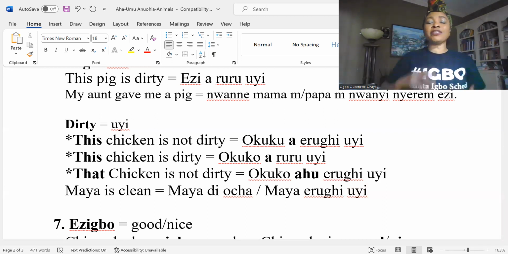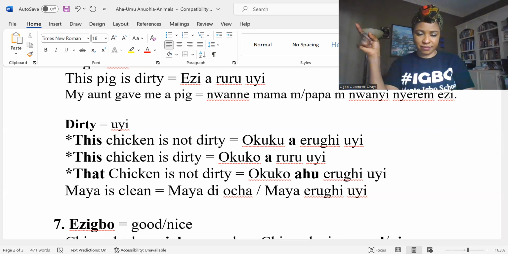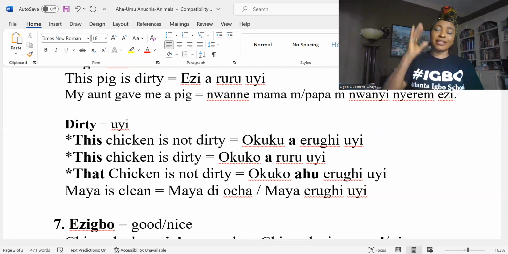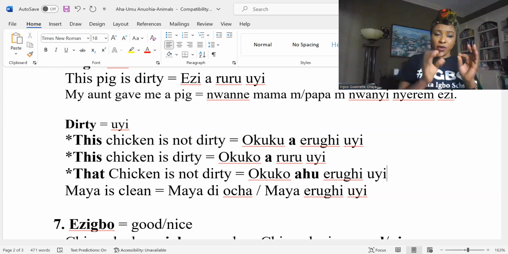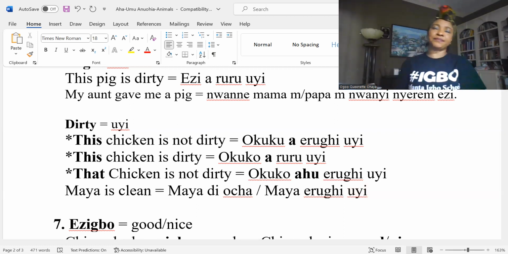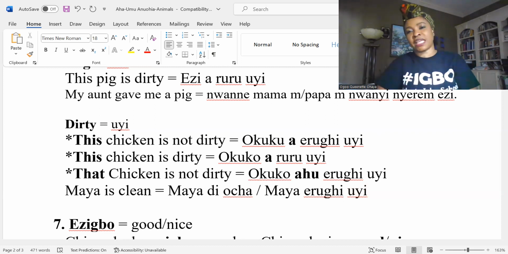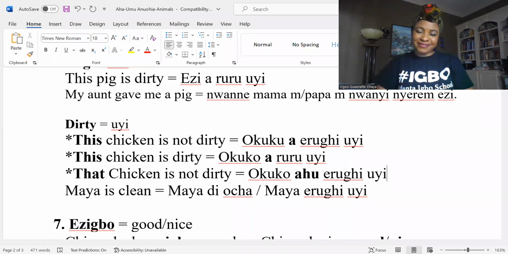Now, I want somebody to tell me how to say it in Igbo. If you know it, raise your hand. We are going to work on this and that. Somebody tell me how to say "that man is coming."